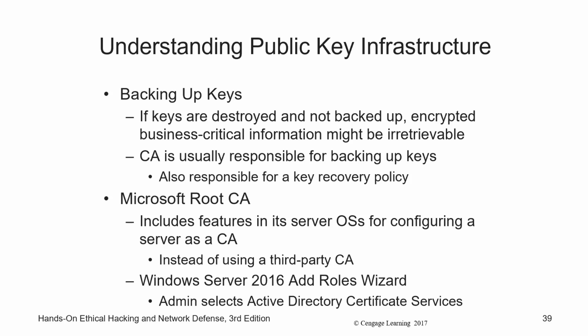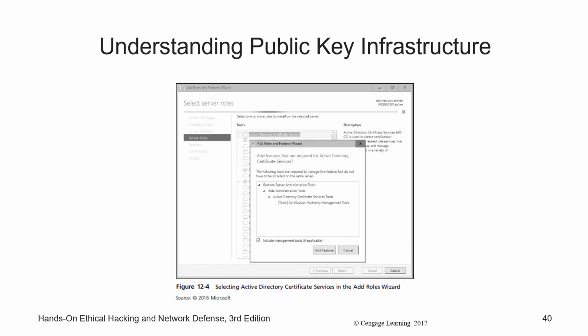Microsoft's root CA gives you features in its server OS for configuring a server as a CA instead of using a third-party CA. And you can add a role in the Add Roles wizard for ADCS, or Active Directory Certificate Services. And here's an example of adding ADCS in the Add Roles wizard.